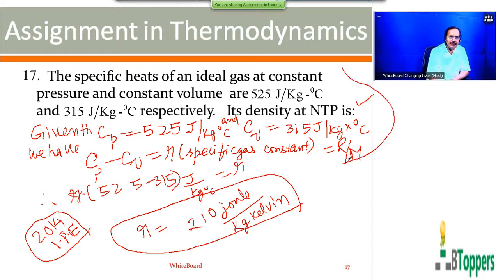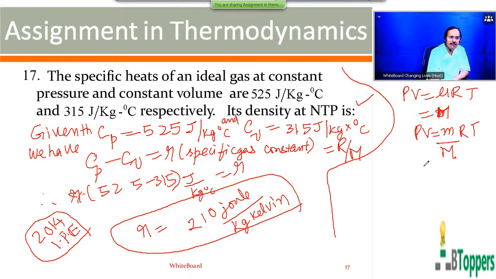Now from the perfect gas equation, you can write PV equal to mu into RT. Mu is the number of moles of the gas, which you can write as the mass of the gas divided by the molar mass. Or you can write the mass of the gas as capital M, and the molar mass as M naught.